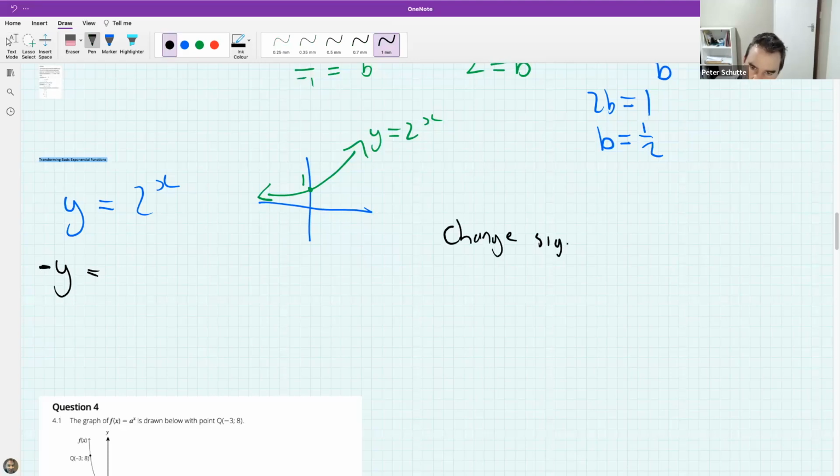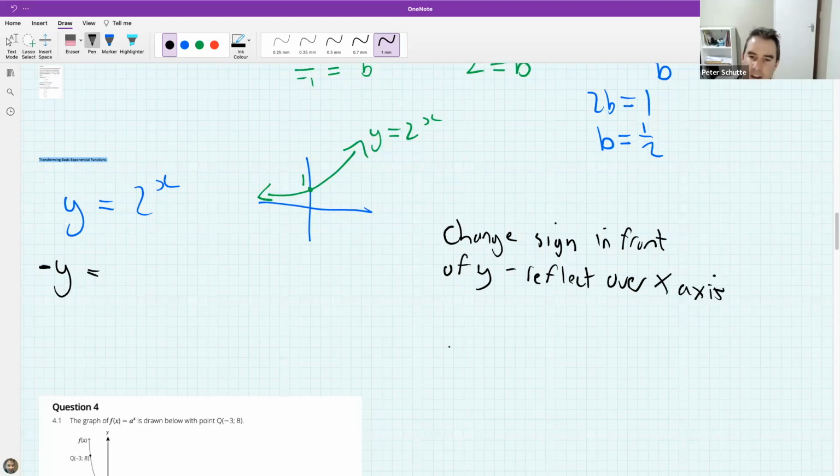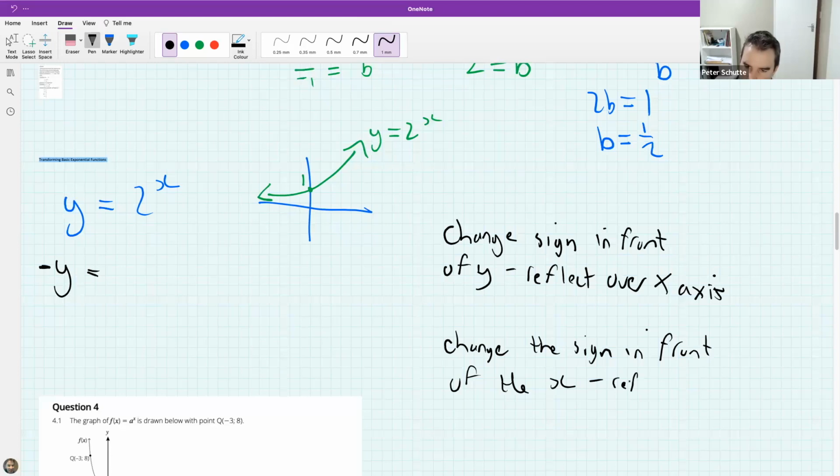If you change the sign in front of the y, you reflect over the x-axis. If you change the sign in front of the x, you reflect over the y-axis.